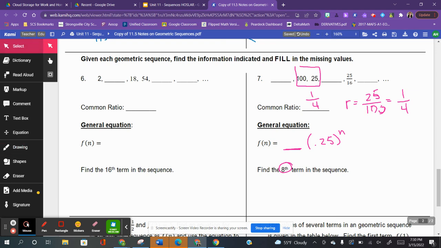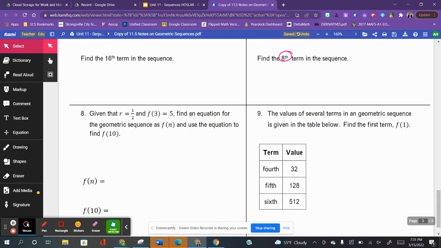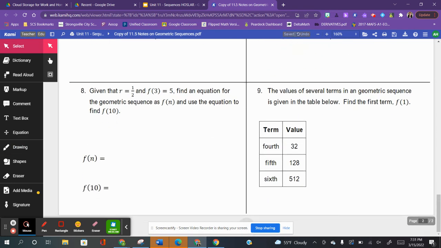All right, finally, let's take a look at something like 8 and 9. So we've talked a little bit about problems like this when it comes to arithmetic. At least in my class, we talked about some strategies. One of the strategies was potentially making a list of numbers. Some people made a table like they see in problem 9 to help them.